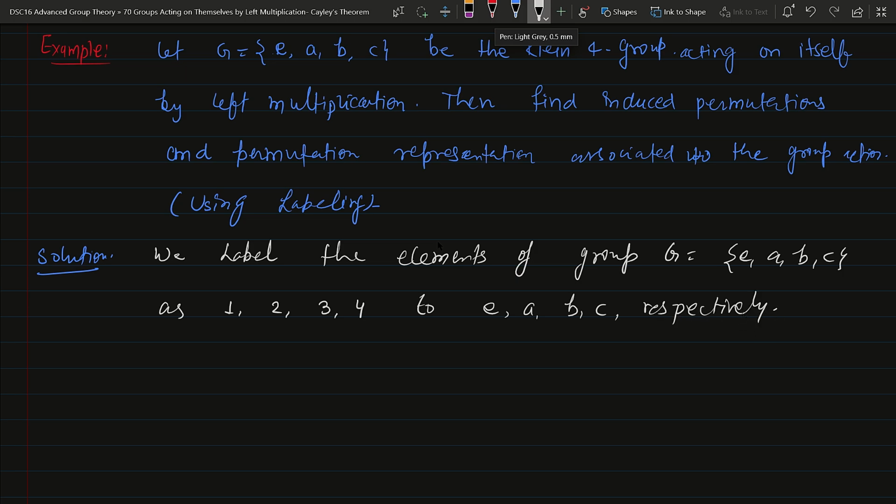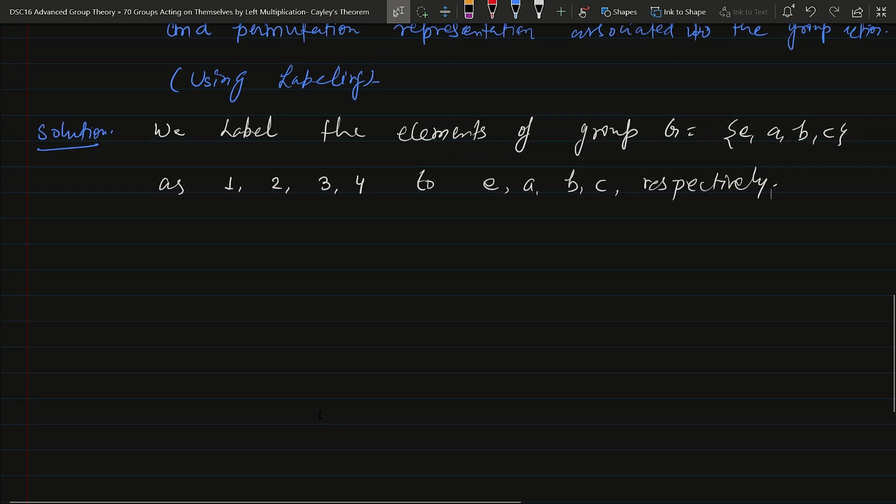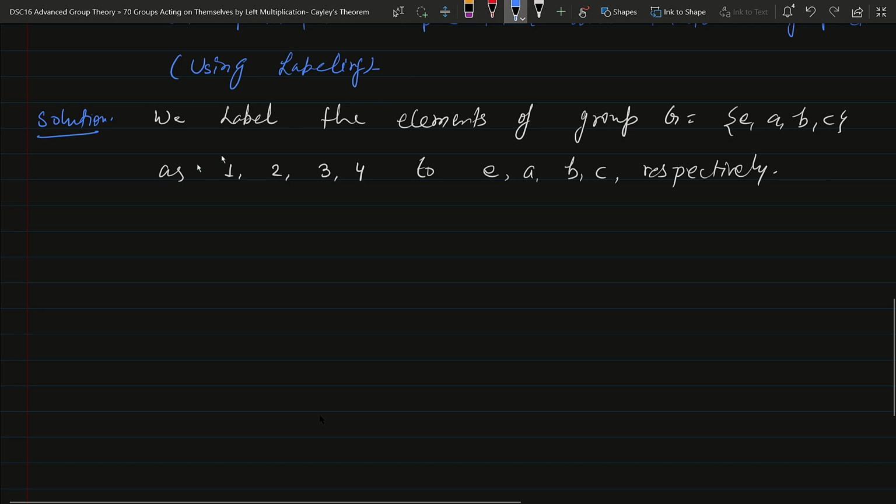Okay, now if we want to identify what the sigma induced permutation is, first let us talk about induced permutations.